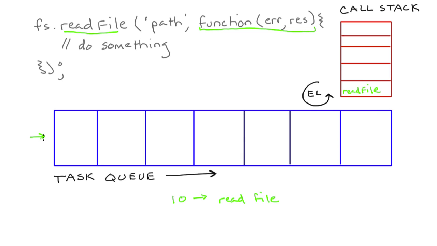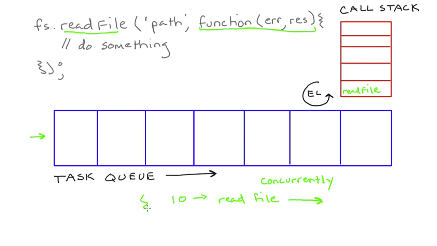Now, the difference between setTimeout and I/O is that with I/O, we're actually doing some real work, and that's happening concurrently with the rest of our program. So in other words, it's happening at the same time, and the task queue can continue to be processed and our code can continue to execute while the operating system is reading in this file.